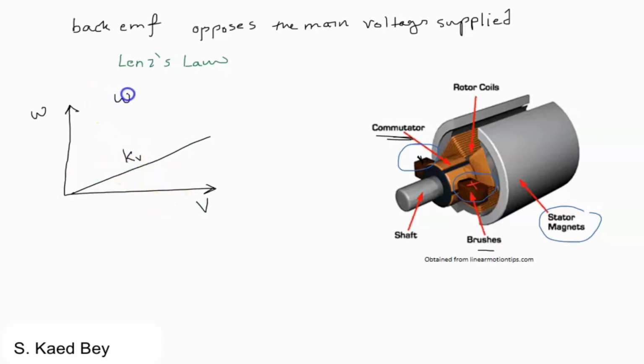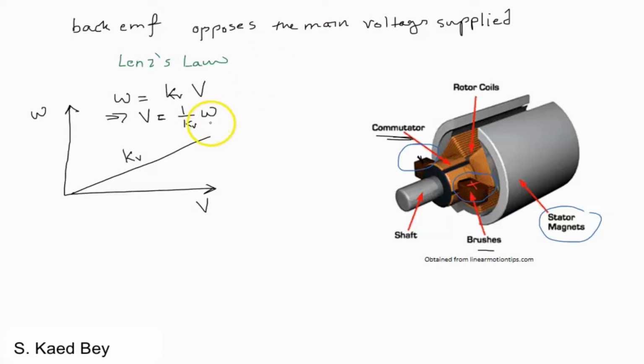So we can write the angular velocity equals kV times V. This implies that the voltage is equal to 1 over kV times omega.